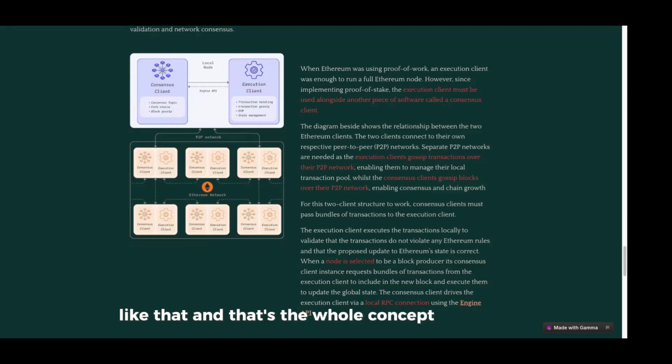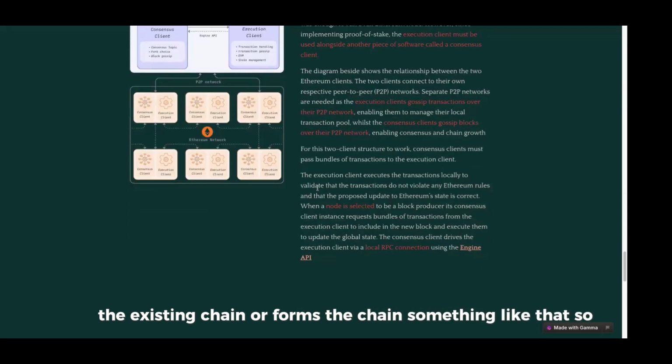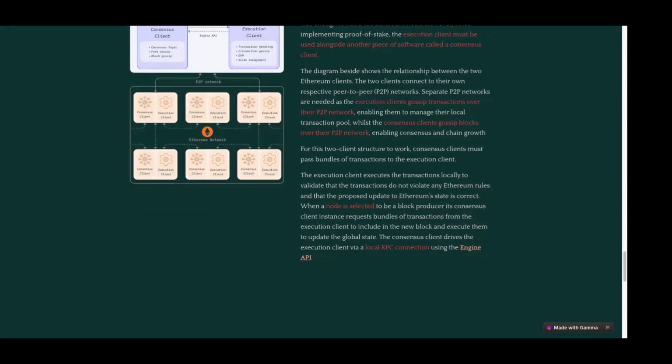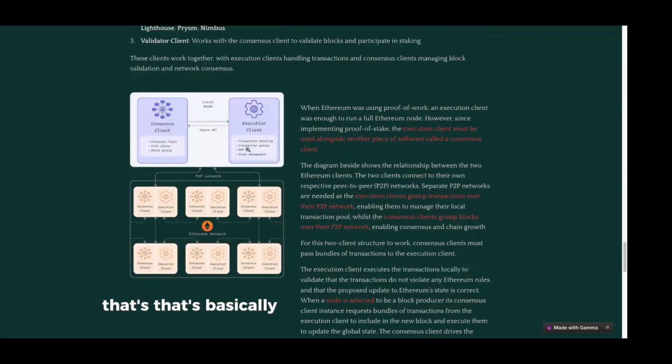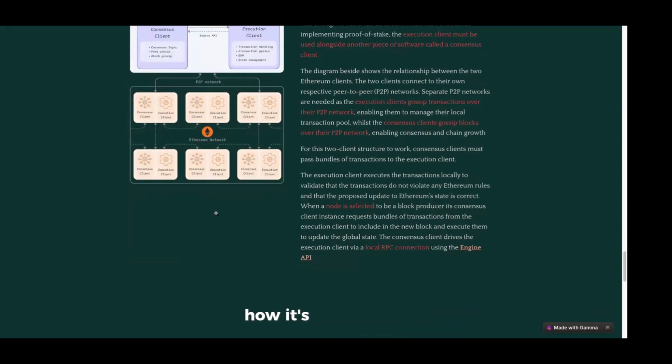That's the whole concept of blockchain. Transactions get added into the block, blocks get added into the chain. That's basically how the architecture works, how it's been structured.